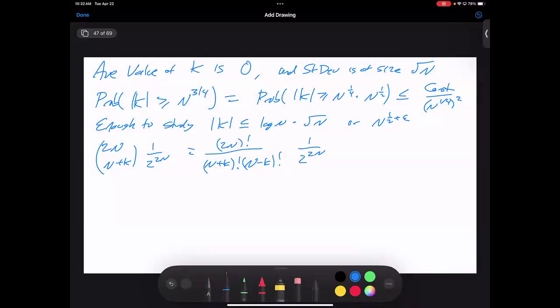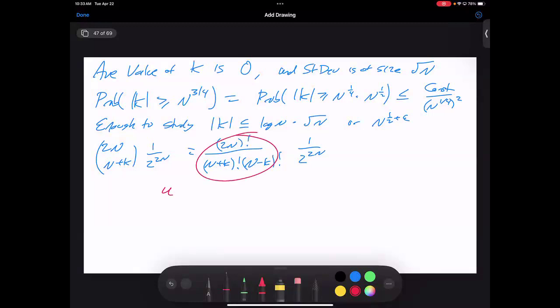Now, if I want to use Stirling, what should be true about the number that I'm applying it to? It should be what kind of number? Large. I'm not going to use Stirling's formula to estimate 1 factorial or 2 factorial. Although, as an aside, it might be interesting to see how well Stirling does for 3 factorial. I want these numbers to be large.